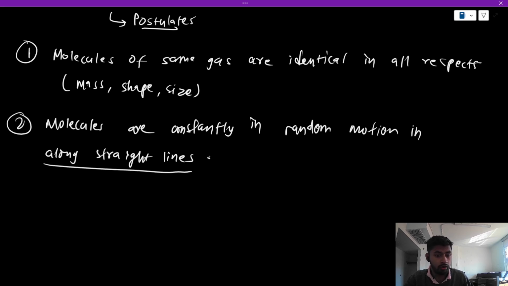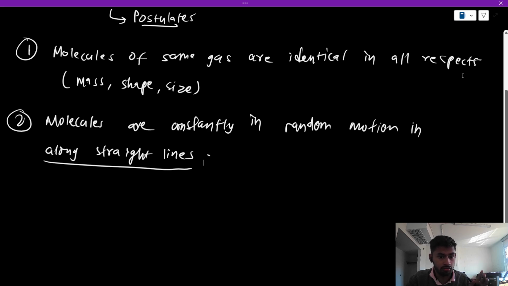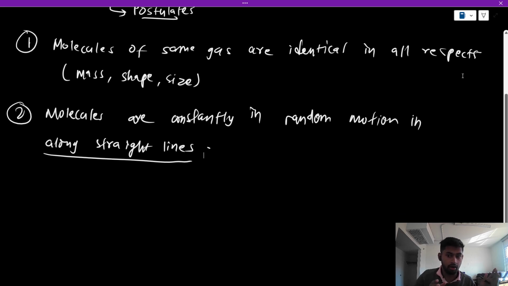This is something we need to take into consideration: molecules are constantly in random motion, but it is assumed that they're moving along straight lines.